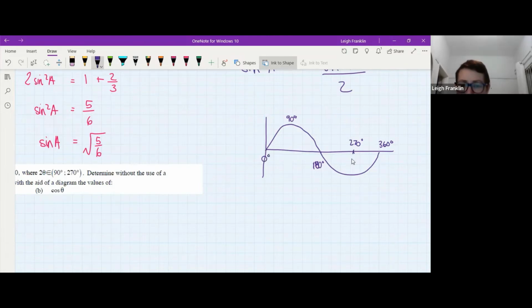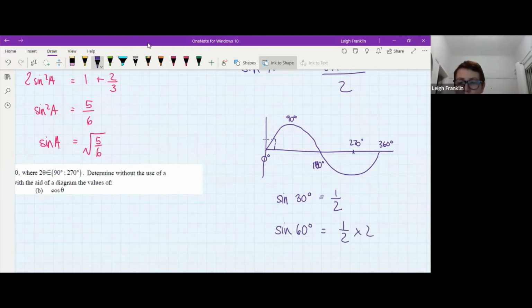Now let's just think about this, guys. The sine of 30 is how much? 1/2, right? If I now take the sine of 60, can I say that the sine of 60 is 1/2 times 2?